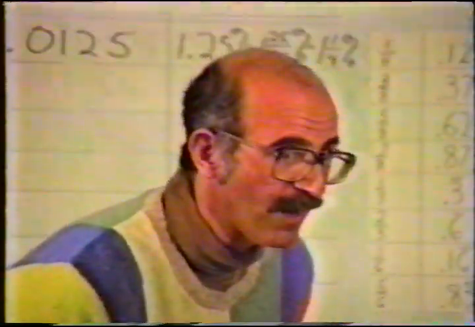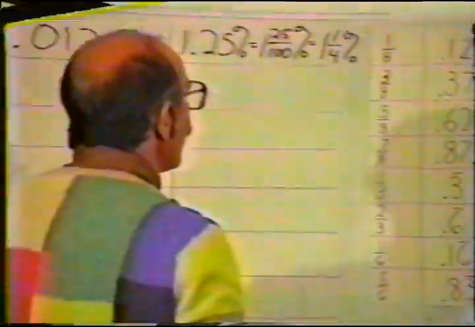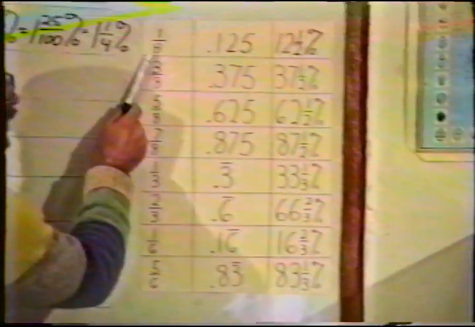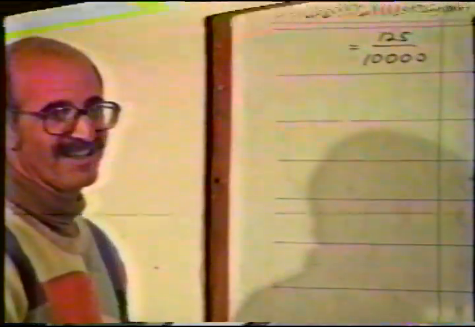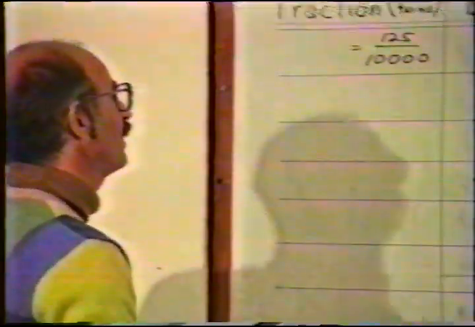And while they consult together, I will tiptoe over here and see if there's a hint. How many 125s are there in 1,000? 8. That's right. They remembered with a little help.